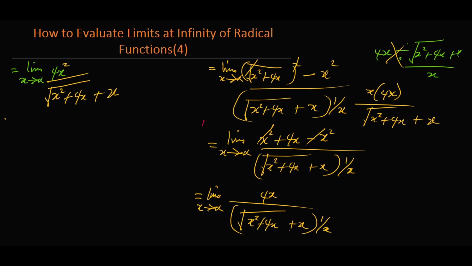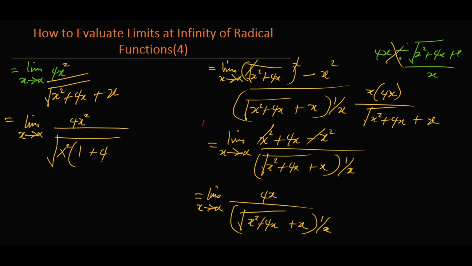Now we can factor out the highest power in the root. So we have the limit as x approaches infinity of 4x squared all over root x squared in 1. So x squared multiply 1 will give us x squared, plus 4 multiply x squared will give us 4x squared.